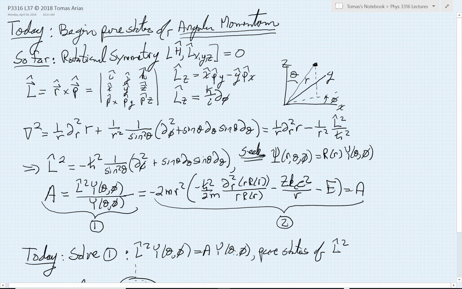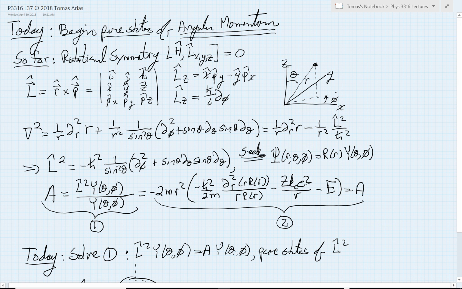Now, having understood the structure of the corresponding operators, the next thing that we realized is that we had a very nice opportunity here, because the coordinates in the system and in the Hamiltonian seem to separate out very nicely in terms of purely radial parts and purely angular parts that have to do, again, with this angular momentum operator.